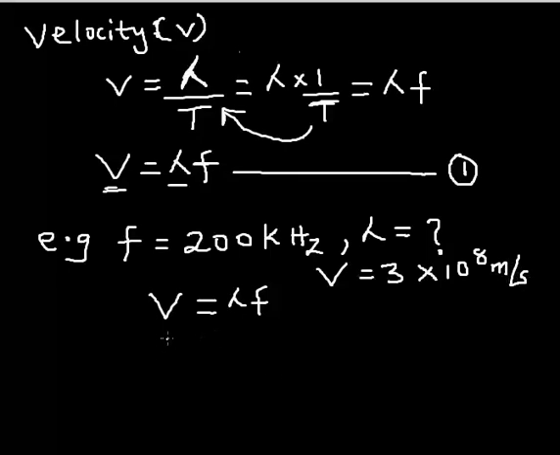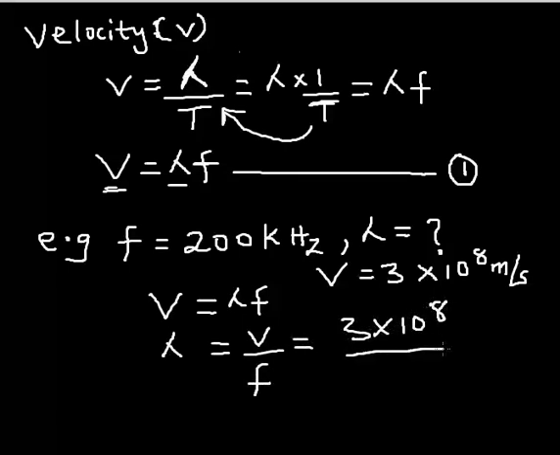So if I want to get the wavelength, it is going to be equal to the velocity of light divided by the frequency. So the velocity of light is 3 times 10 raised to the power of 8, divided by the frequency, 200 kilohertz. 200 kilohertz is 200 times 1000, that's 200,000 hertz.